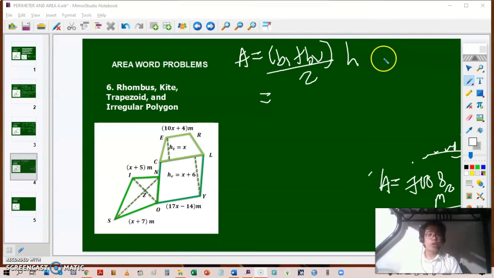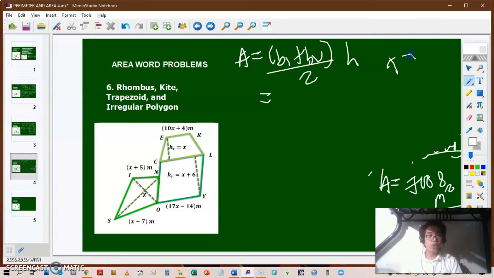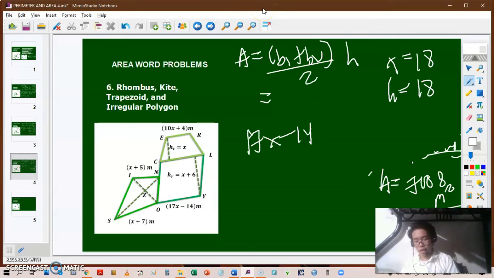We already know that the value of x here is equal to 18. So we have here the height. The height of the trapezoid is equal to 18. And b sub 1 is actually line segment CL, and it's parallel to line segment OY, which is 17x minus 14. We already solved for that value, so that's 17 times 18 minus 14, which is simply 292.